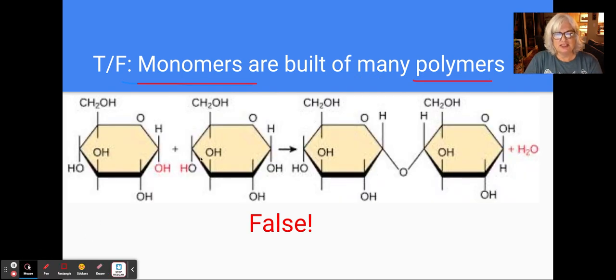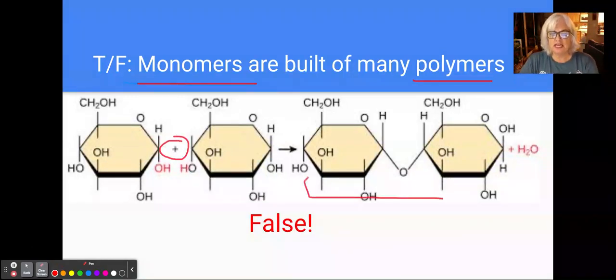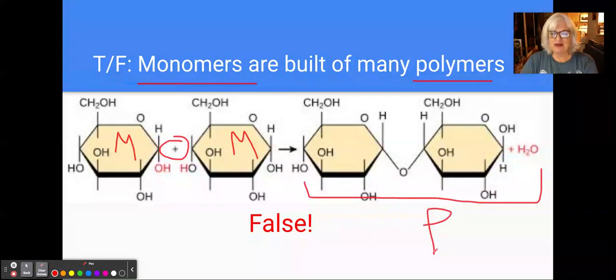So let's take a look at this picture. This is a polysaccharide. This is actually a reaction, but here we have a single sugar. Notice the plus in the middle. So this is like a little chemical reaction. We're adding 2 sugars together to create a disaccharide. So monomer and a monomer equals a polymer. So this is false.